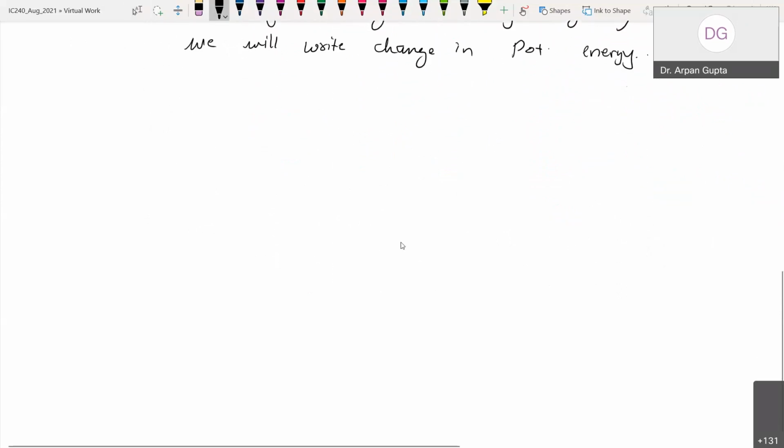So now we can say that the principle of virtual work can be restated, particularly when we have springs and gravity acting on the system. So I'll just write it down.